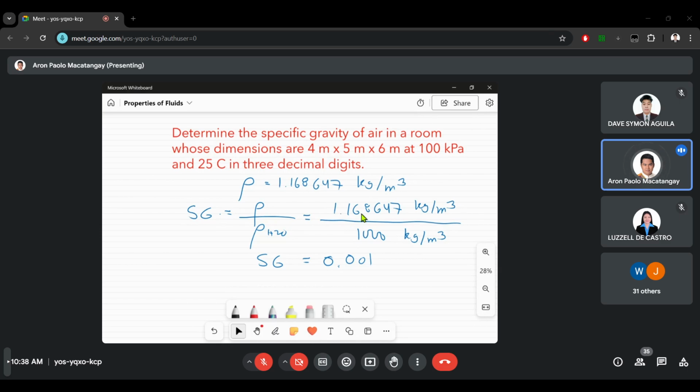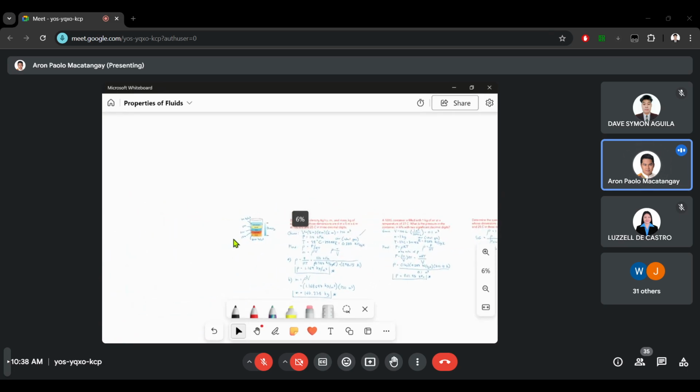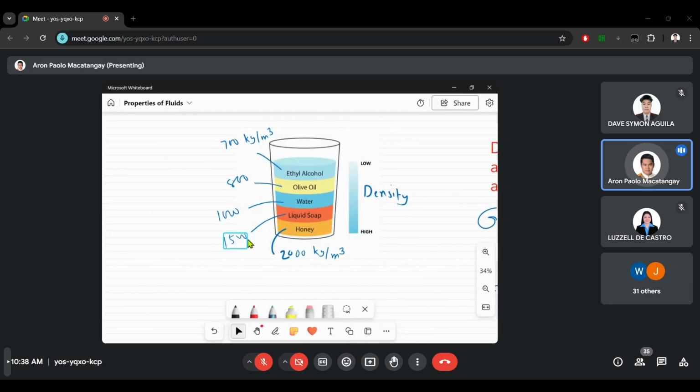Okay? Which is why, if you would notice here in our diagram, right? These are the values of our density earlier. So if we convert that to SG, again, SG is just density divided by density of water. So for water, your 1,000 will become 1.0.